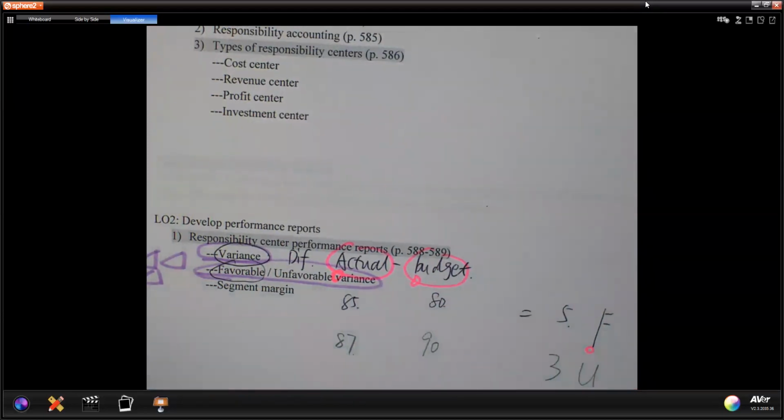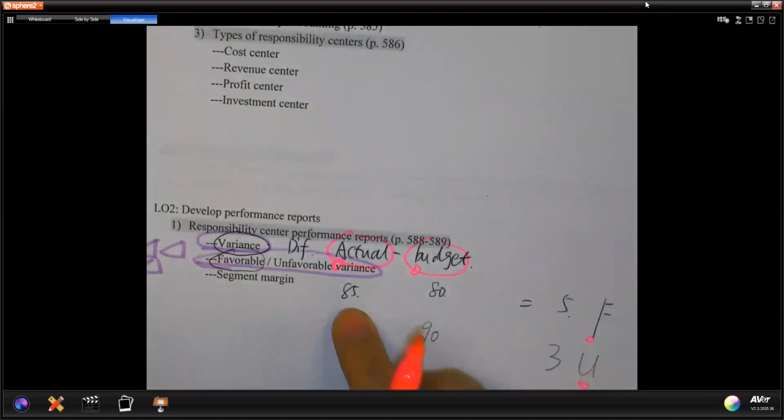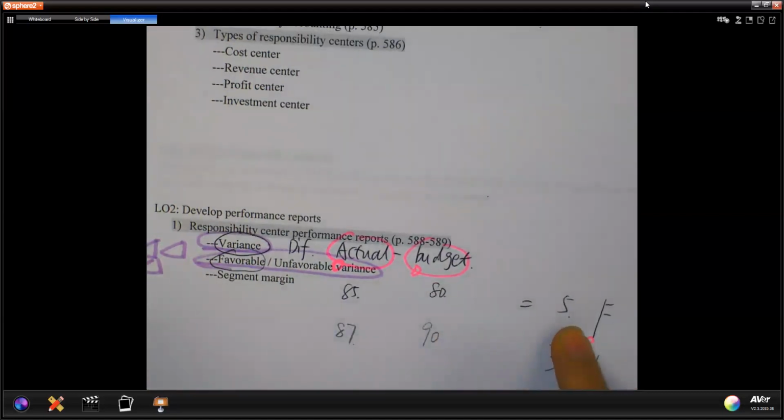What does that mean, right? If it's your points, definitely a larger number means favorable for actual. Similarly with your revenue, you thought you will sell $80, but you sold $85. Your actual is $5 more, so it's a $5 favorable.